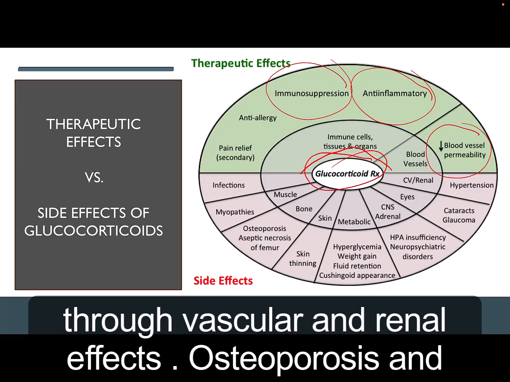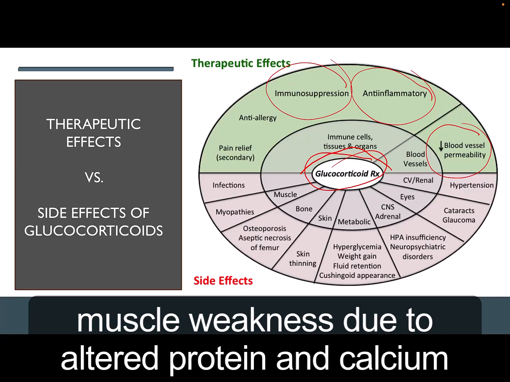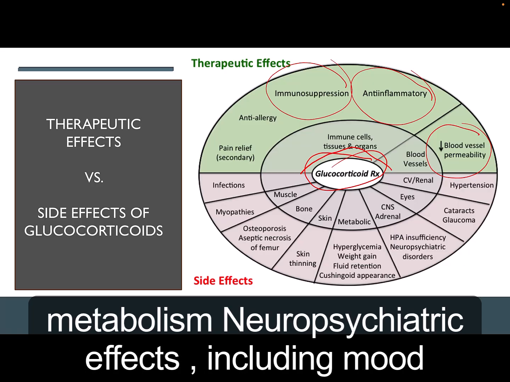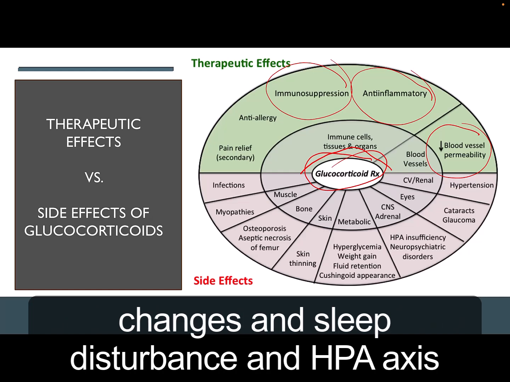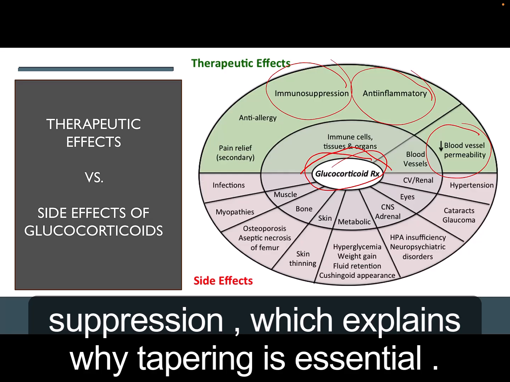Hypertension, partly through vascular and renal effects, osteoporosis and muscle weakness due to altered protein and calcium metabolism, neuropsychiatric effects, including mood changes and sleep disturbance, and HPA axis suppression, which explains why tapering is essential.